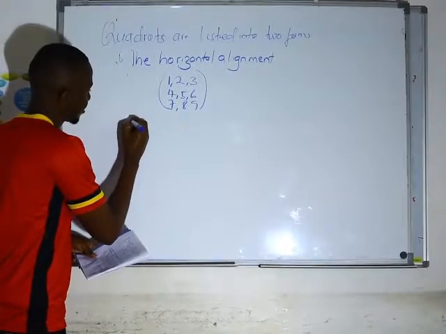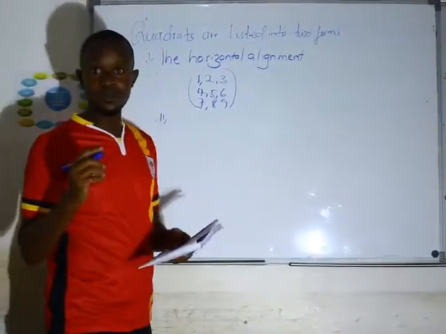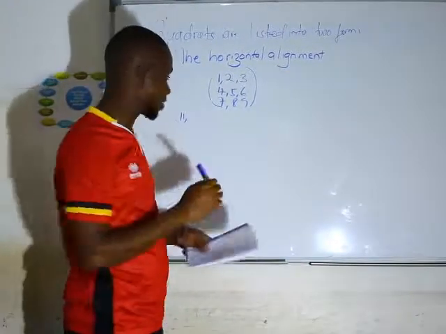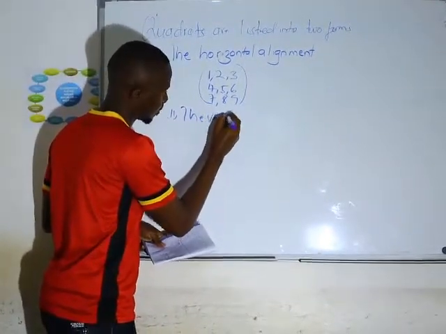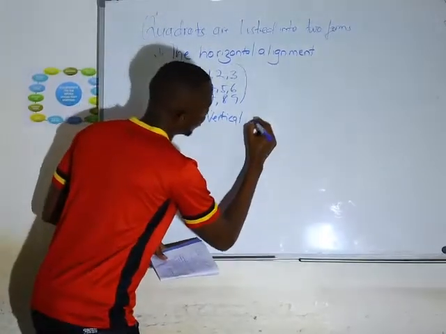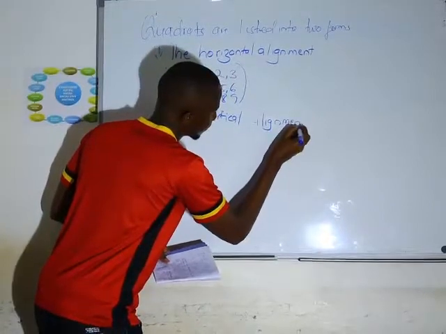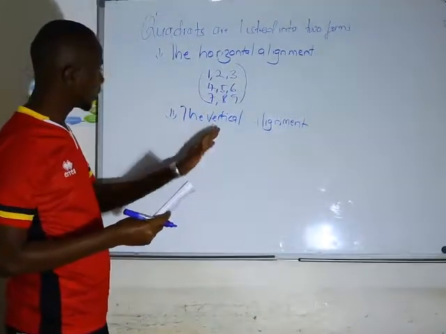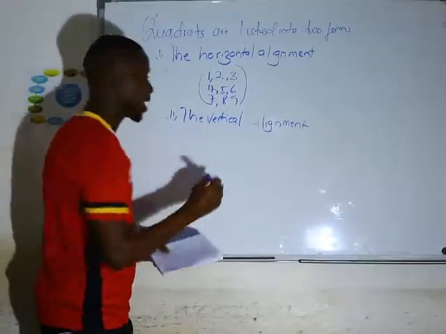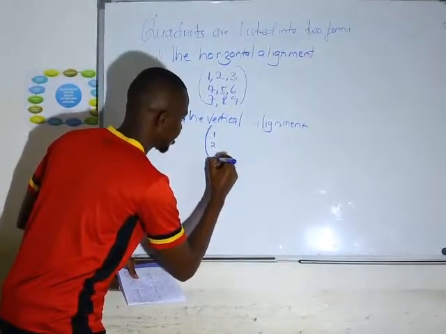Another format in which quadrants are listed is called the vertical alignment. The following is the vertical alignment, and it is written like this.